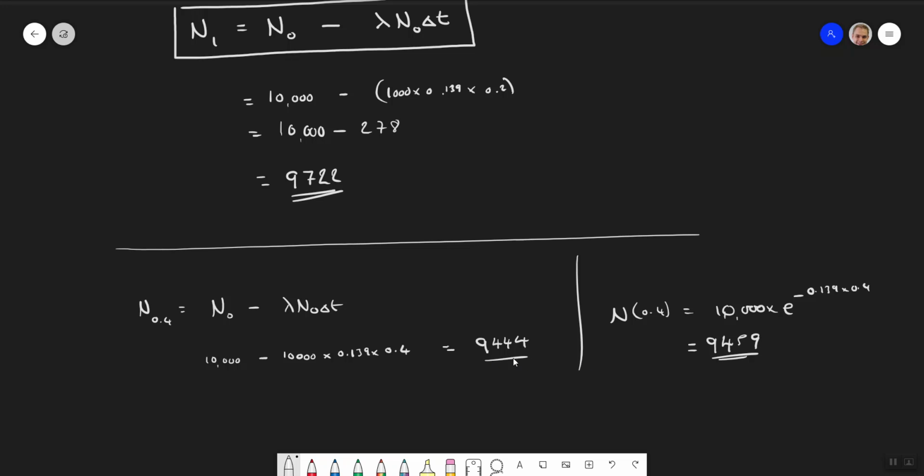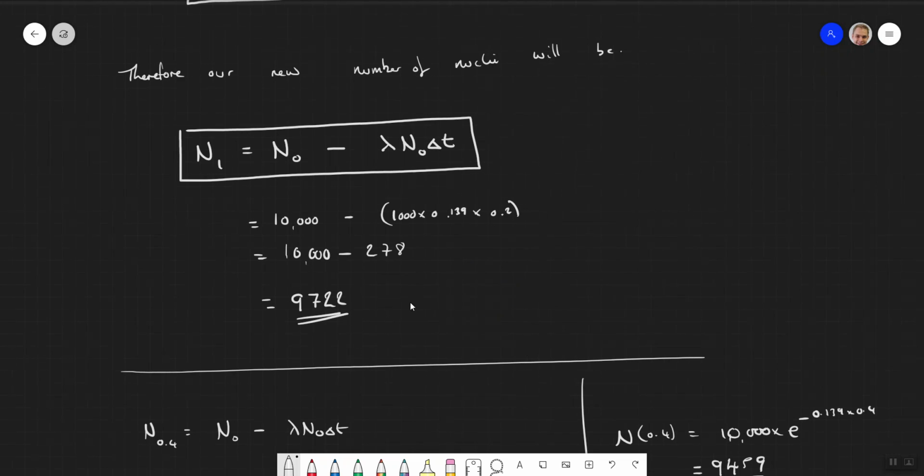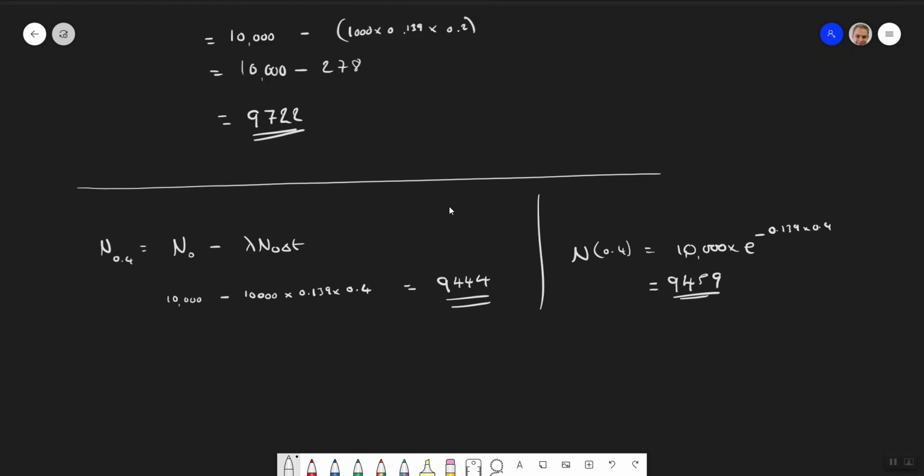Now, here's something that's important. If our time interval is 0.2 seconds, well, happy days, we're only 4 wrong. But if our time interval is 0.4 seconds, look how wrong. We're now 15 wrong. By doubling our time difference, we're now a lot more wrong.